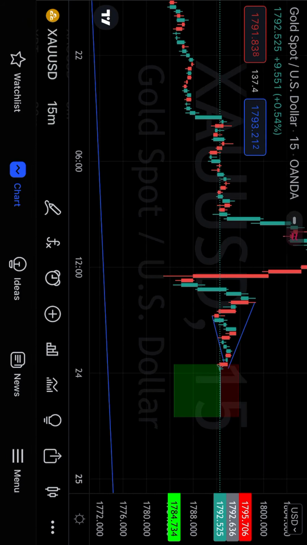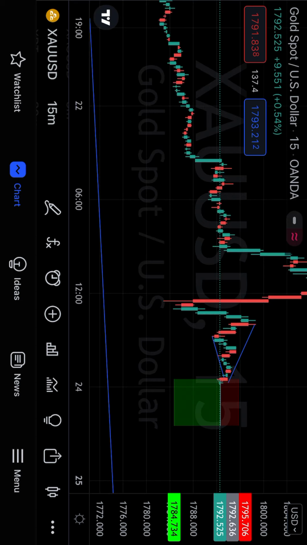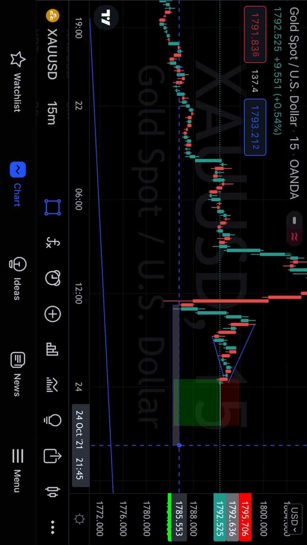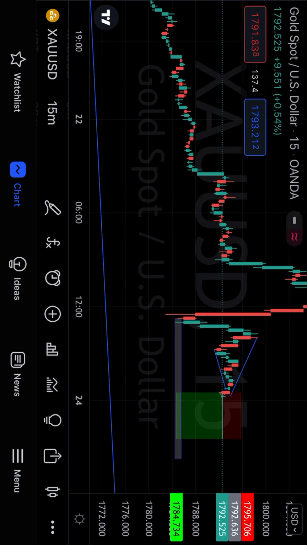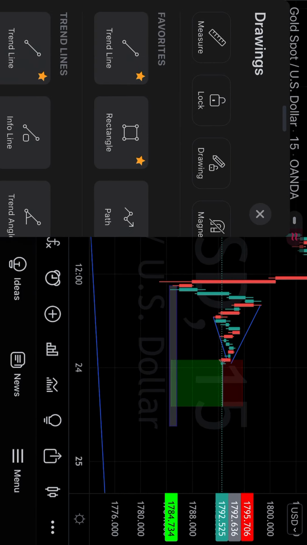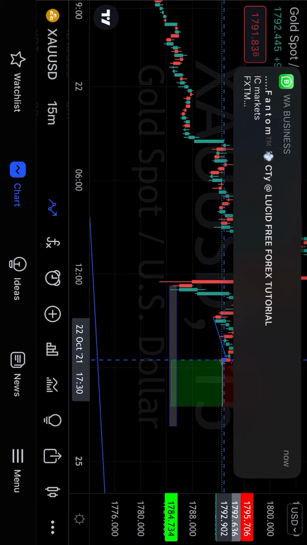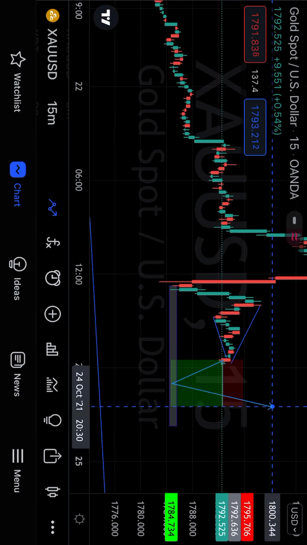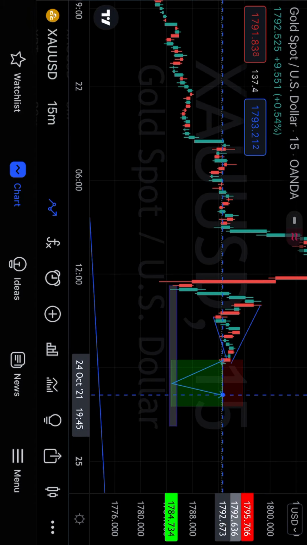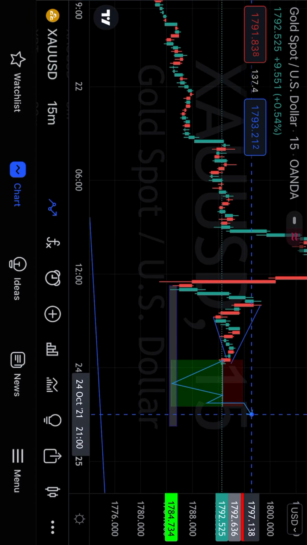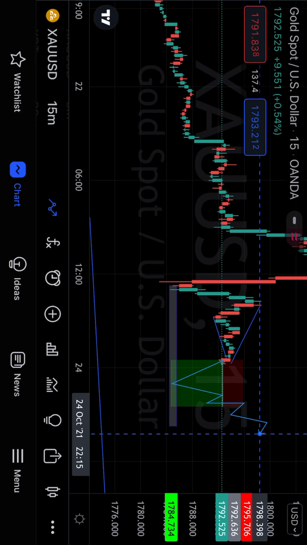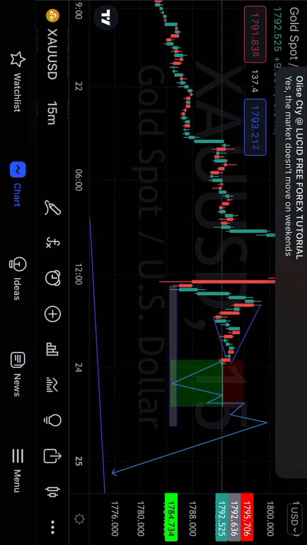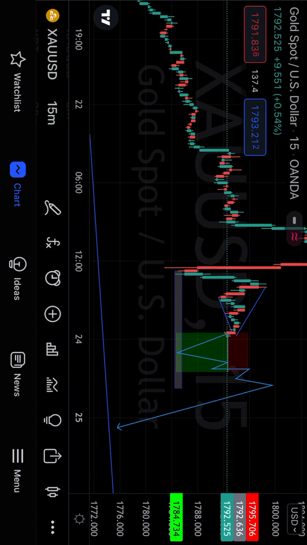Understand? Because it could hit this low, go back up, right? Go back up before shooting down.